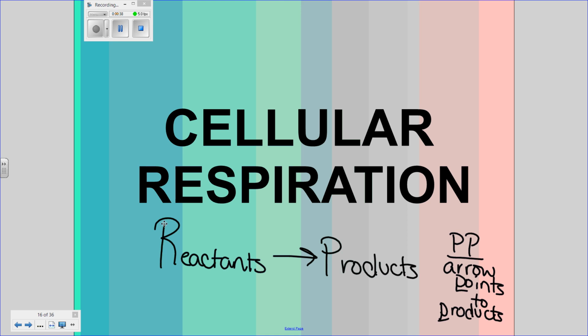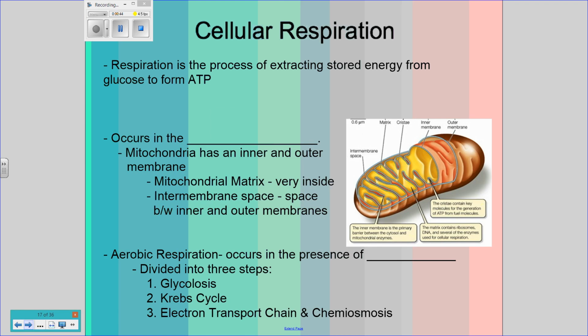So as we go through this, let's keep in mind what we are putting into respiration and what we are getting out of it. Keep in mind what we are trying to do here is to extract stored energy. We've got to get the energy out of food. So we're going to be starting with food, and we should have some energy on the other side. Now, in order to do this, we've got to put in some oxygen.